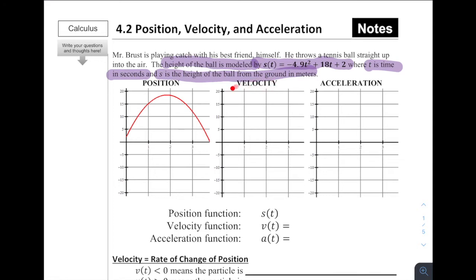We know that the velocity is the rate of change of the position. So in general, the velocity with respect to time is the change in the position divided by the change in time.